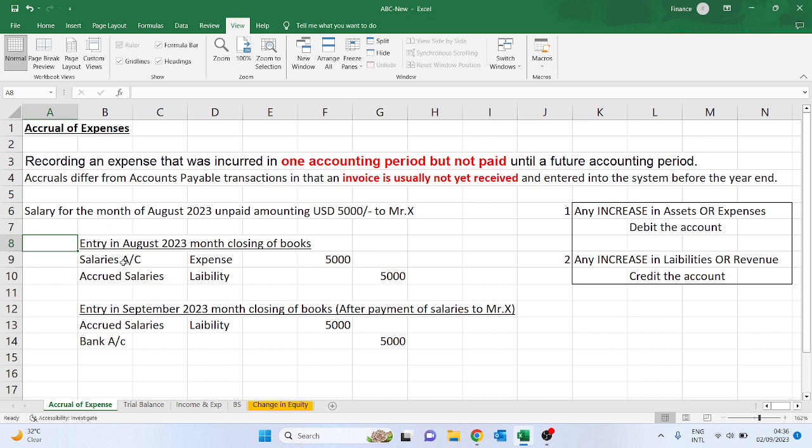So we need to accrue that expense even without an invoice. That is what is called accrual. We did not receive the invoice, but we know the amount and we need to book that amount as accrual.